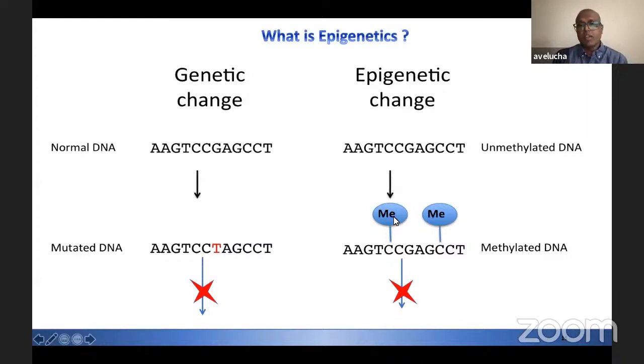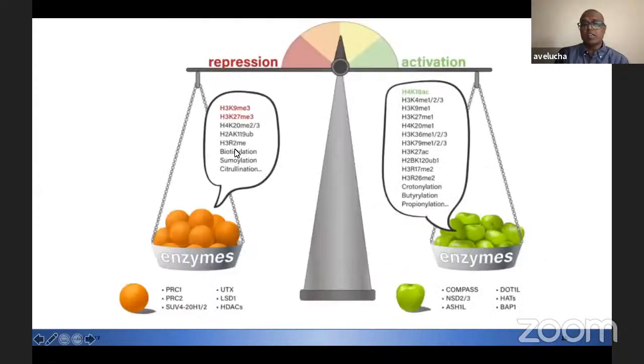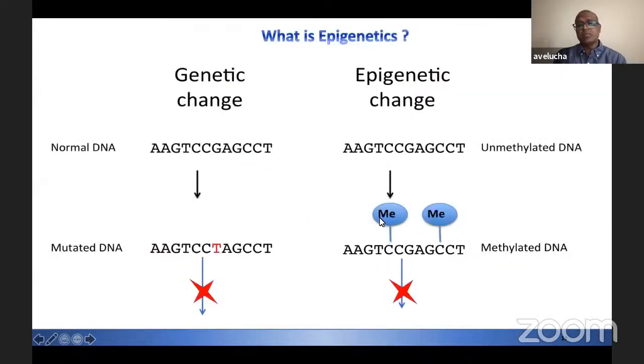In the same way, you can use certain enzymes, like I showed in the previous slide, that can remove a modification and add another one. There are enzymes that can remove this methyl group from this nucleotide, and thereby you can reverse the disease. So these are the two aspects where one can use the CRISPR-Cas9 system.